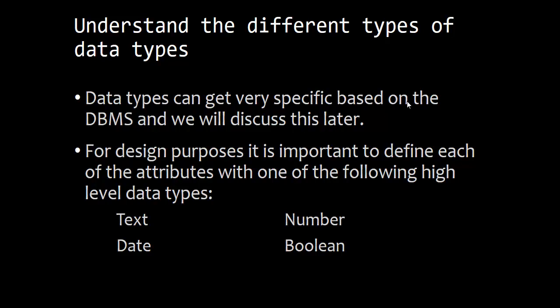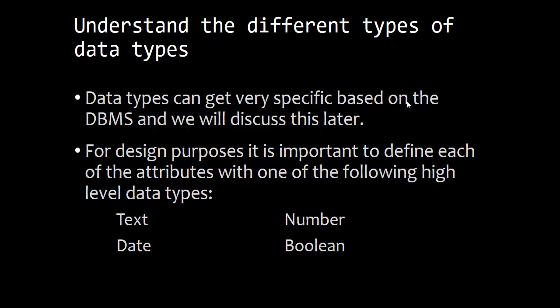But for the sake of getting started with this discussion, we want to look at the high-level ones. The ones on this slide really represent probably 95% of the data types you're going to use for any particular database. There are other ones out there, and we'll talk about those as we move forward, but for the most part, these are the ones you're going to deal with most of the time.